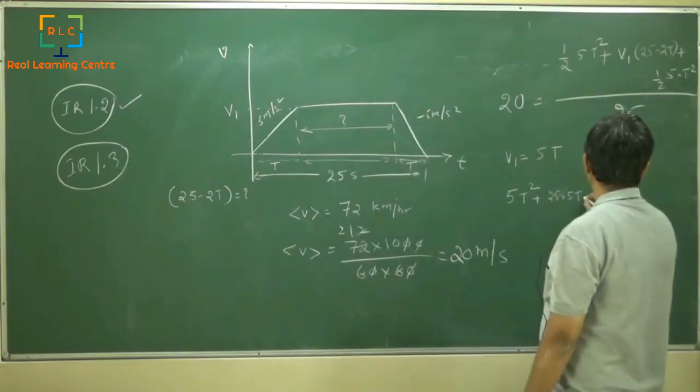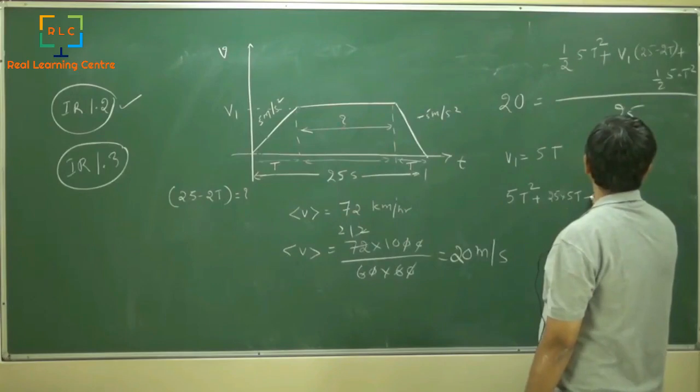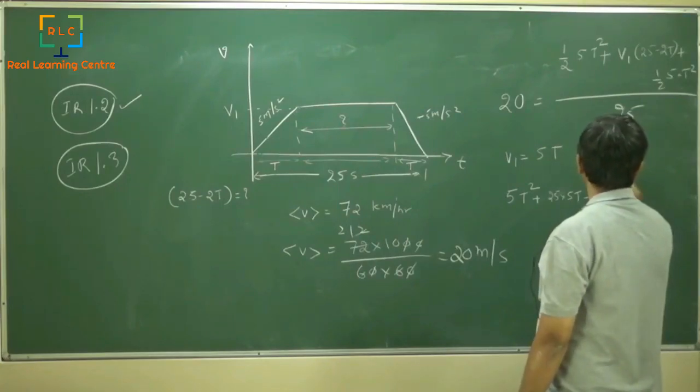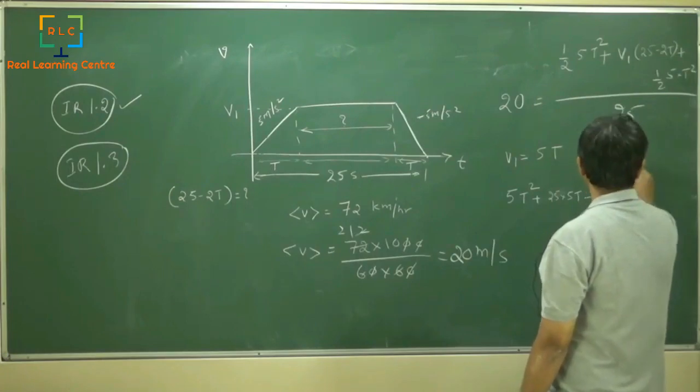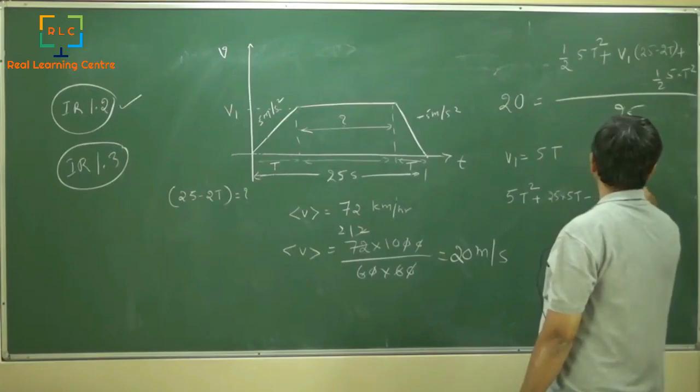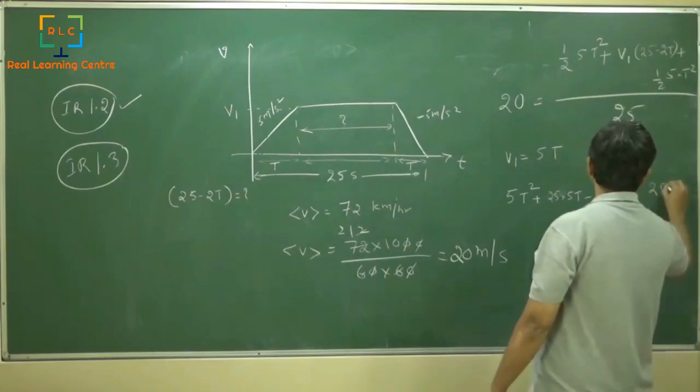Okay, minus 5 into 2, which is 10t square. Okay, is equal to 20 into 25.